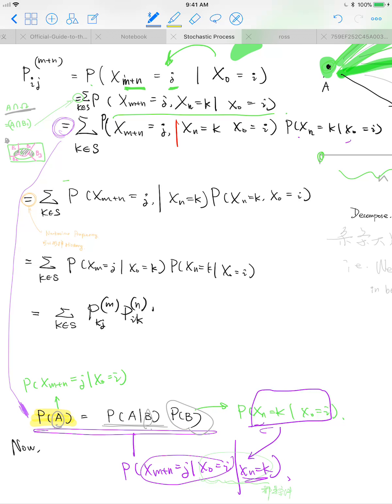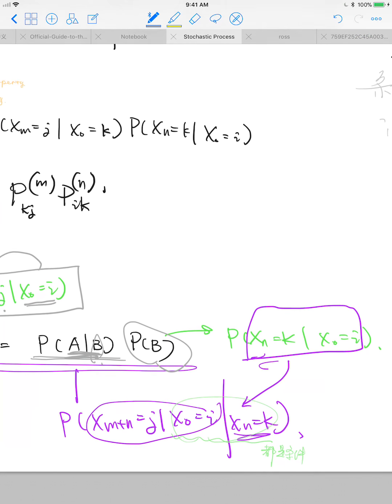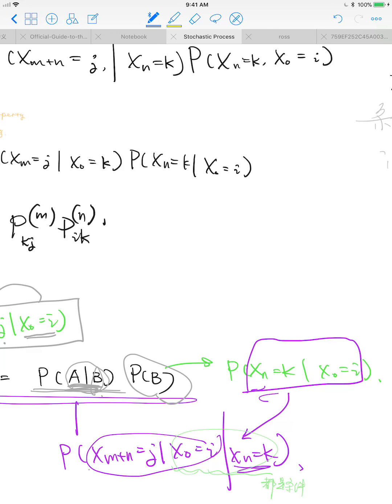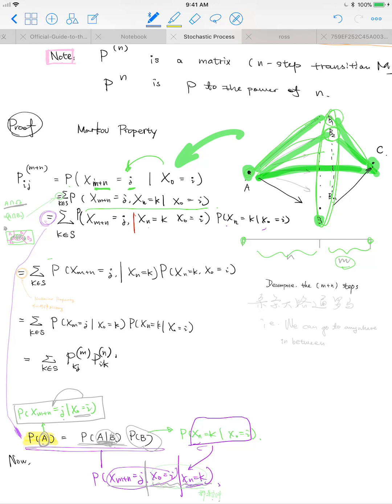So here, let event A be the event that, starting from i, you end up in state j after m+n steps. Then you could write down A given B as this one. However, since all the terms after this line are the condition, we can combine them and write them this way, and times this one is P(B). So we sum over all of these.